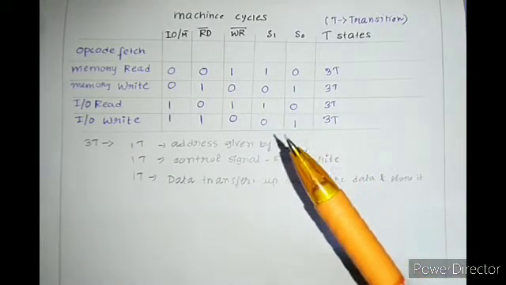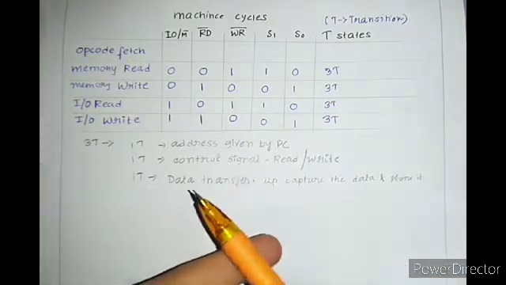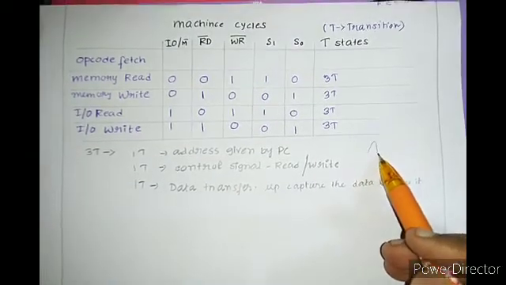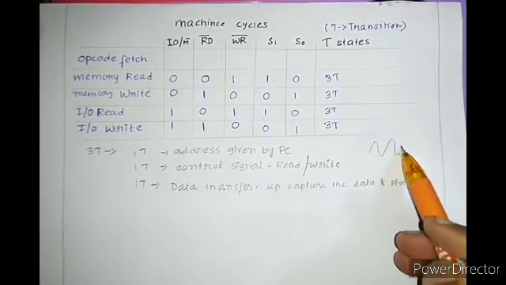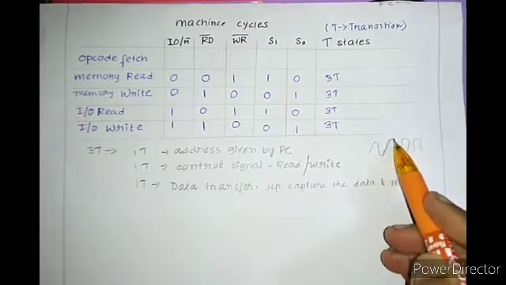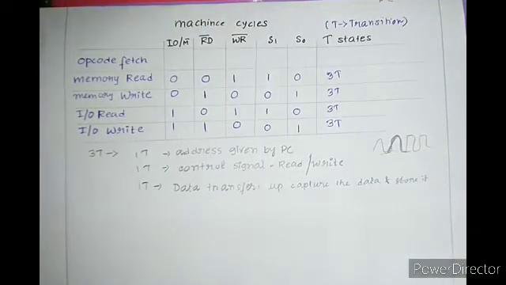But inside the MUP, it always gets triggered. After every operation, it again needs to get triggered. So this is called a whole T state, transition states.